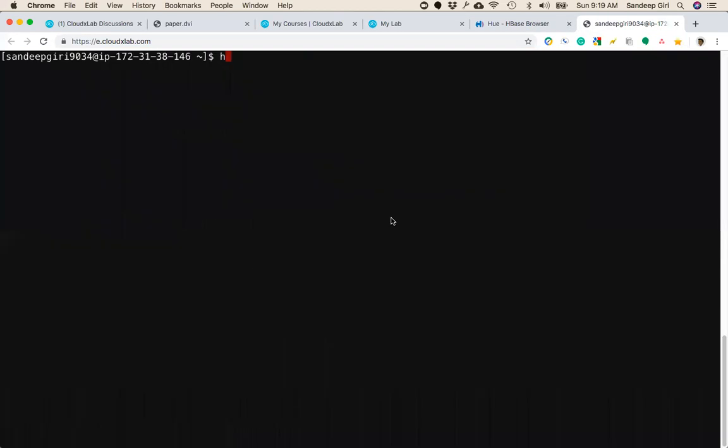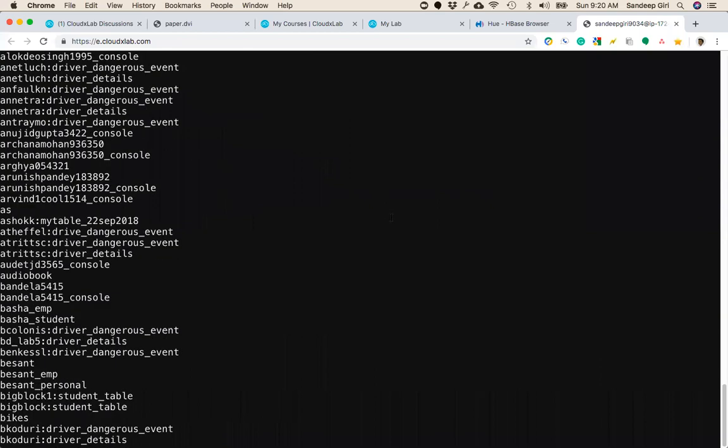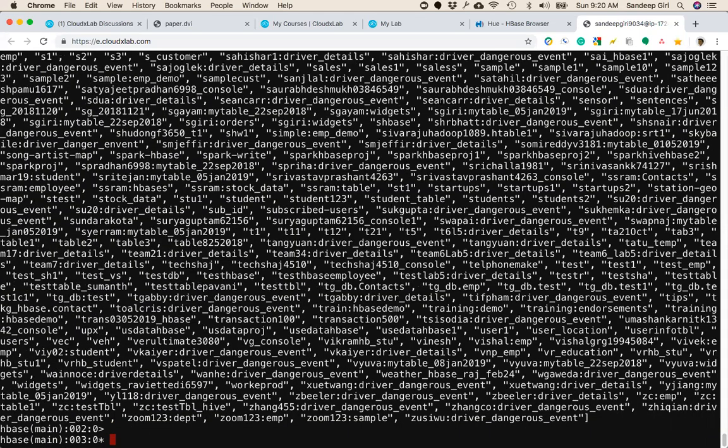So you can just say hbase shell. And here, when you say list, it shows all the tables. Let's say this one. Okay, and we can do scan.